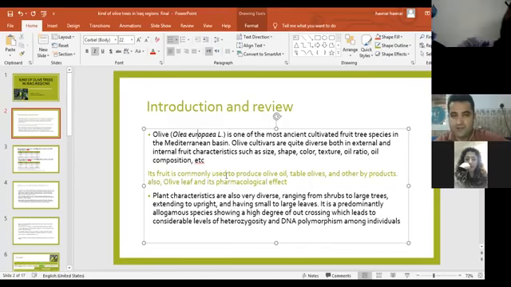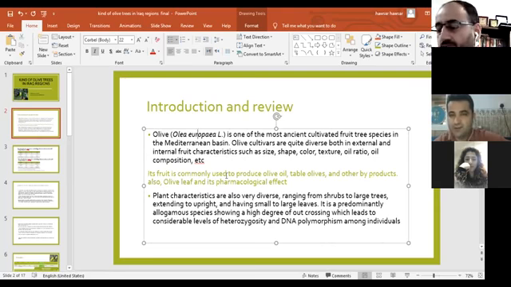For example, they differ in size, shape, color, texture, and oil ratio and composition. We use olives for eating as table olives, for oil production, and for other byproducts.